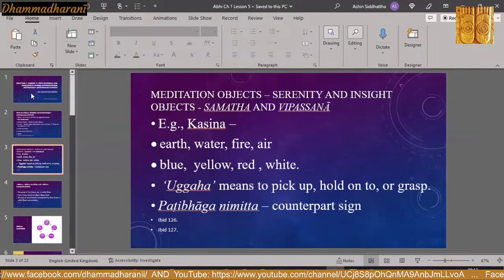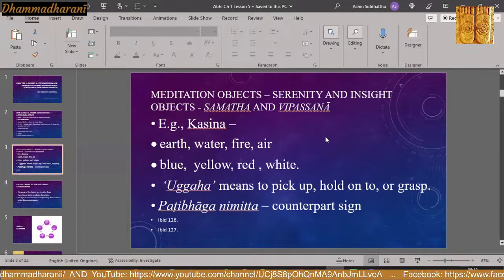white disc, with a contemplative mind, we call that object Uggaha Nimitta in Pali.